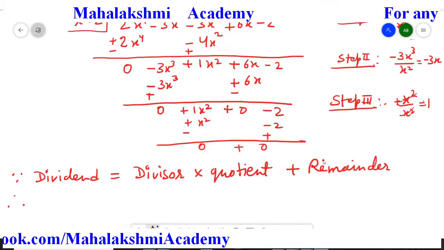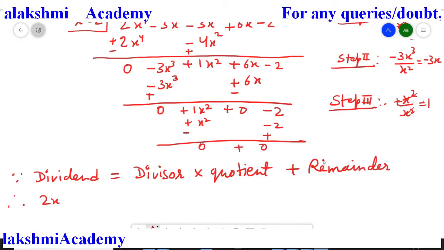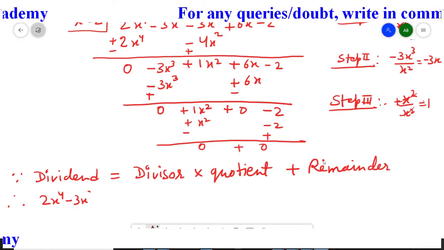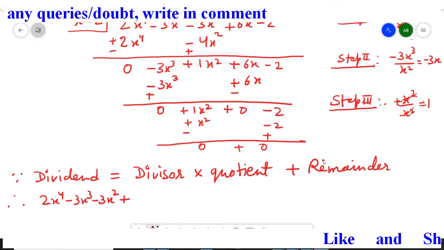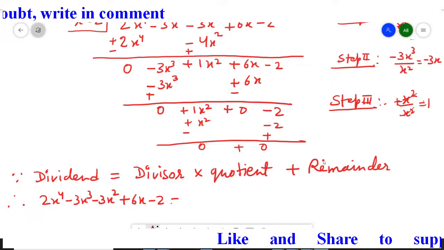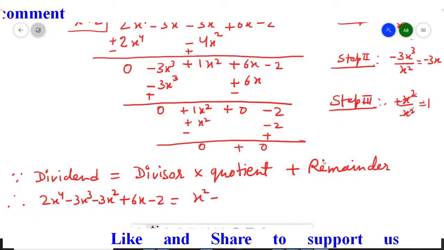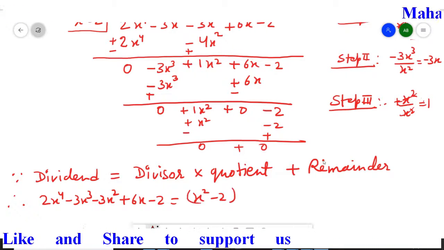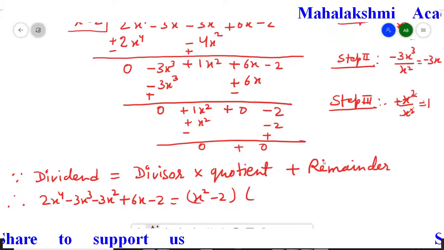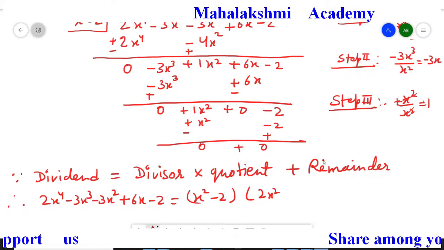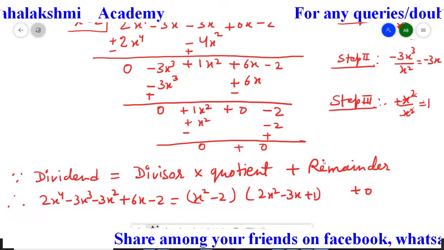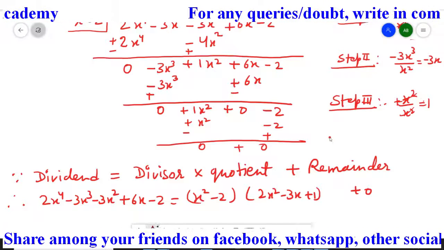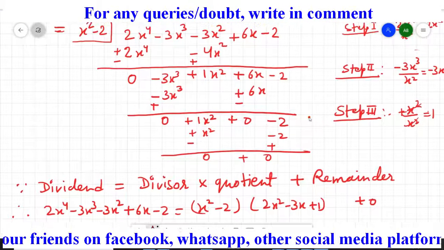From here, what is the dividend here? 2x to the power 4 minus 3x cube minus 3x square plus 6x minus 2, and the divisor is x square minus 2, and the quotient is 2x square minus 3x plus 1, and the remainder is 0. So the quotient, let me check once again, it's not visible to me.